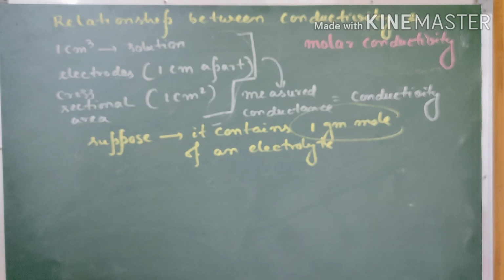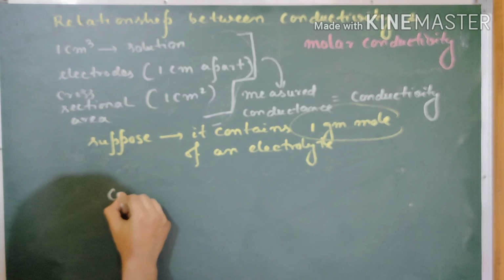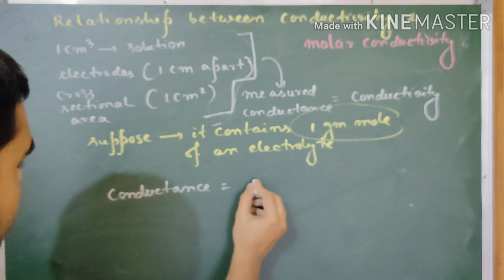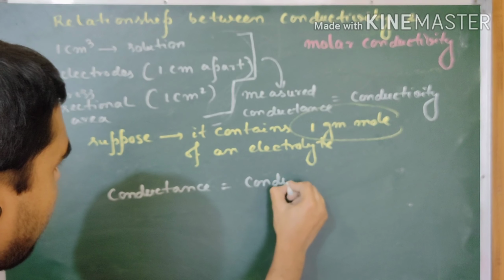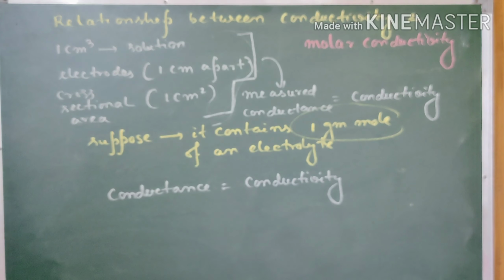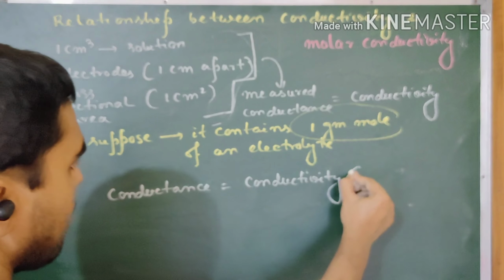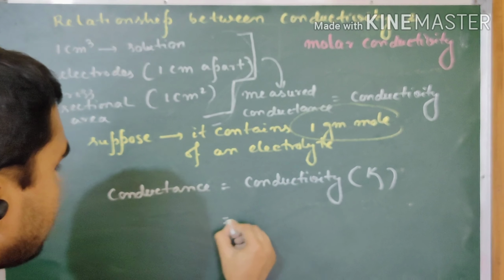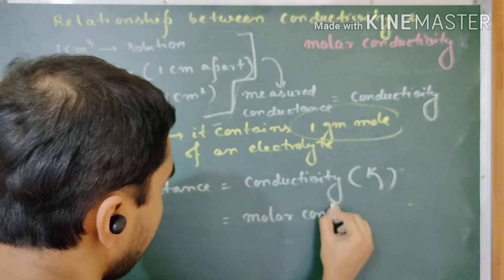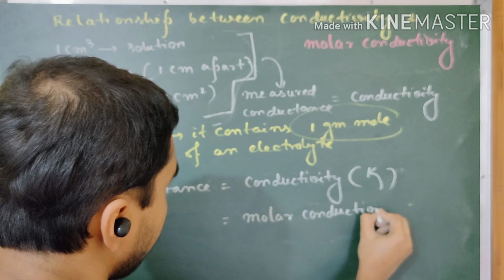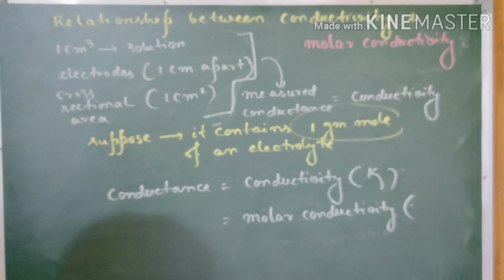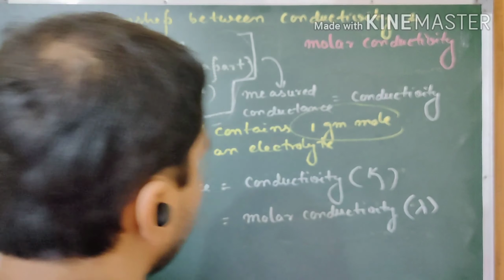So we should write that the conductance is equal to conductivity, which is kappa, which is also equal to molar conductivity, which is lambda.